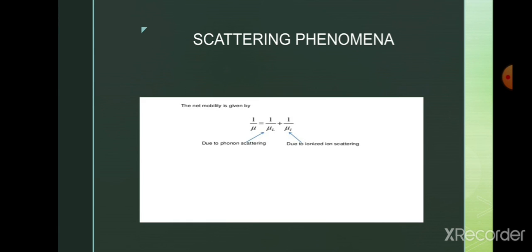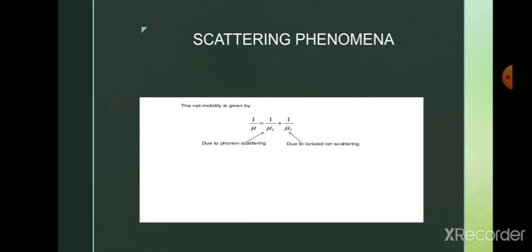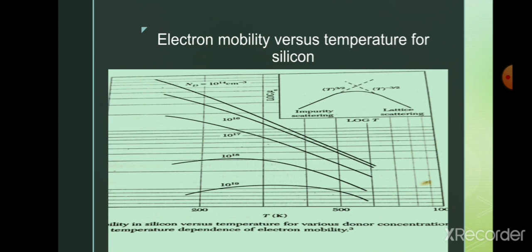The measured electron mobility as a function of temperature for silicon with 5 different donor concentrations is shown in the diagram. The theoretical temperature dependence of mobility is due to both lattice and impurity scatterings.